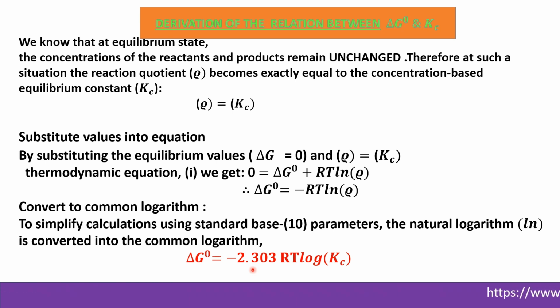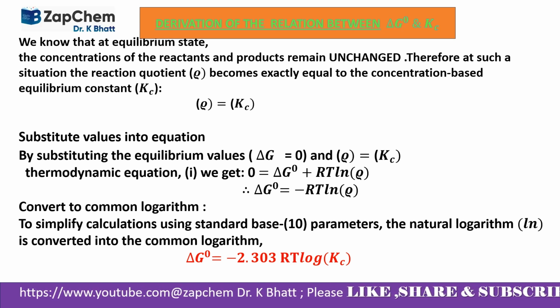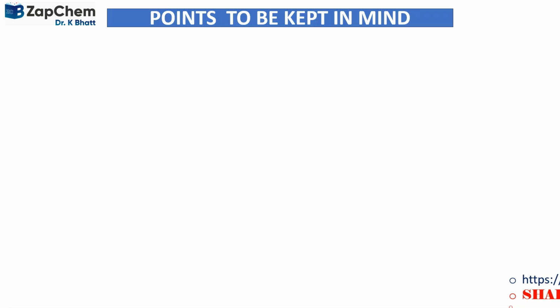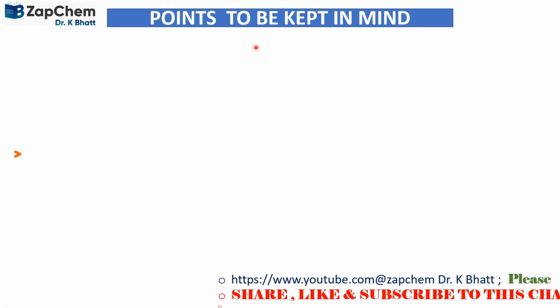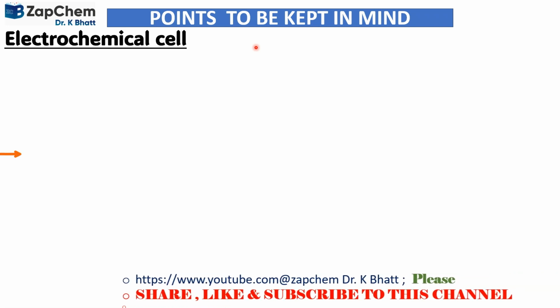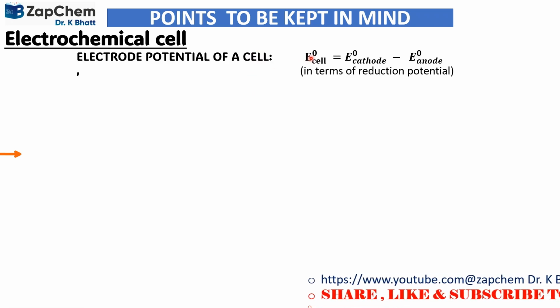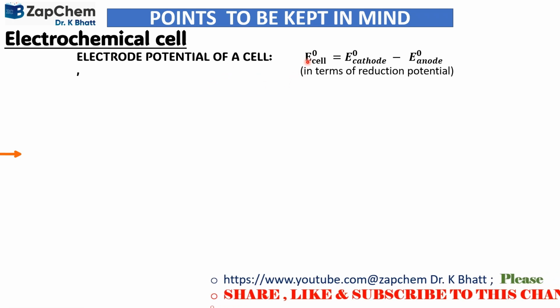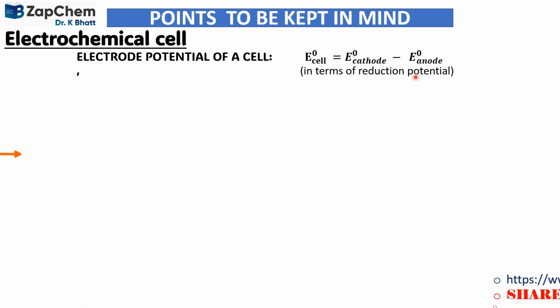Based upon this, we have to perform several questions, maybe MCQ type or even assertion-reason type, but we have to be very careful about this equation. And next, keep certain points in your mind which you must always be prepared with. The electrode potential of a cell, E standard cell, is equal to E naught cathode minus E naught anode.